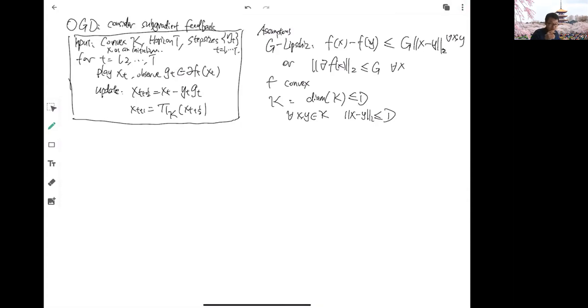It's something that you use to measure what is the longest line segment that you can fit into a convex set. Okay, so these are the 3 assumptions that we make about the problem. And then let me state the theorem, and then we're going to go to the break.